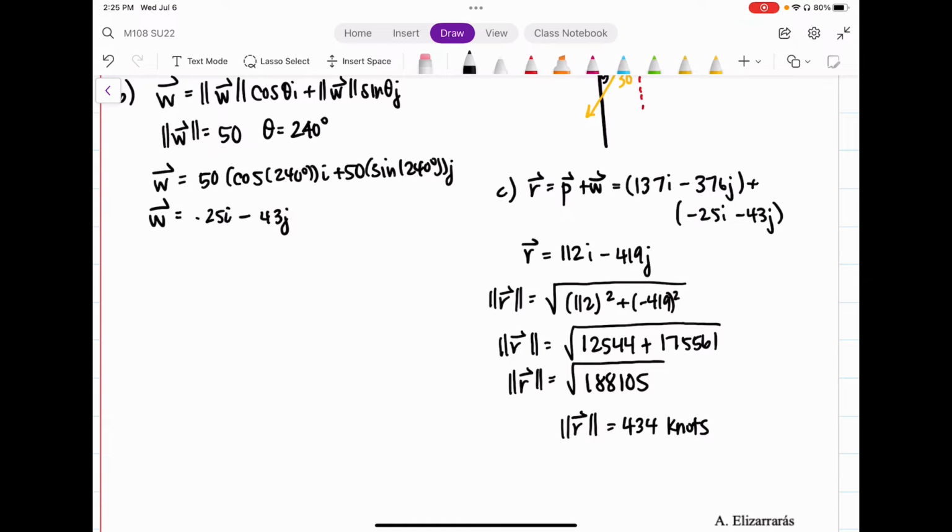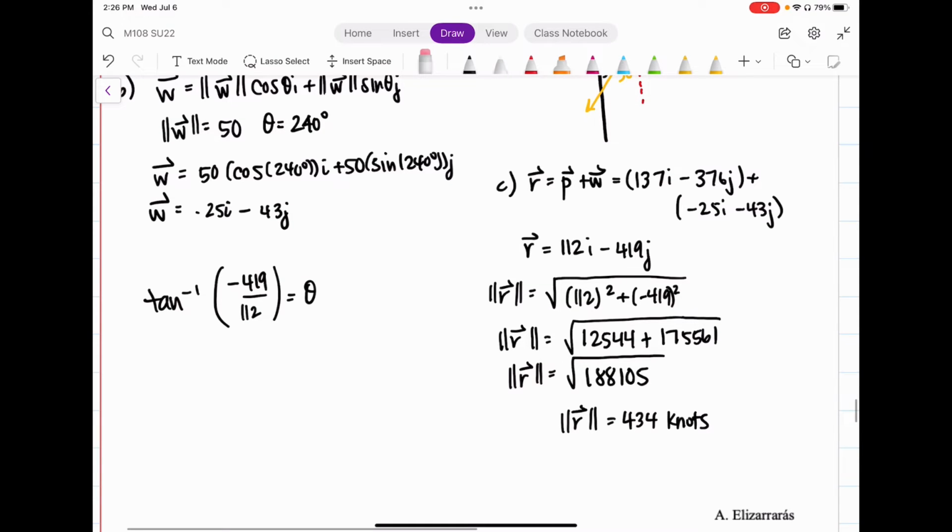In order to find the bearing, I'm going to take the inverse tangent and consider what quadrant I'm in. The inverse tangent of negative 419 over 112, which is the b value over the a value, gives me a theta of about negative 75 degrees. 112i minus 419j is in the fourth quadrant.